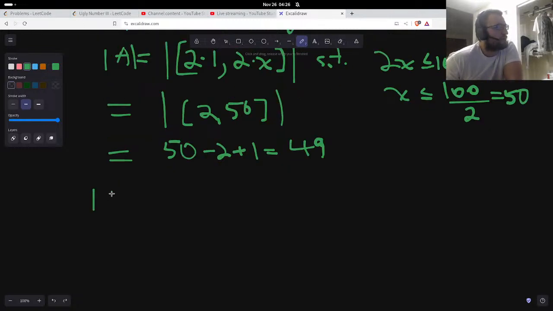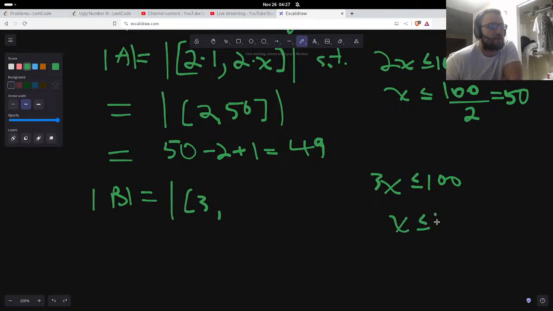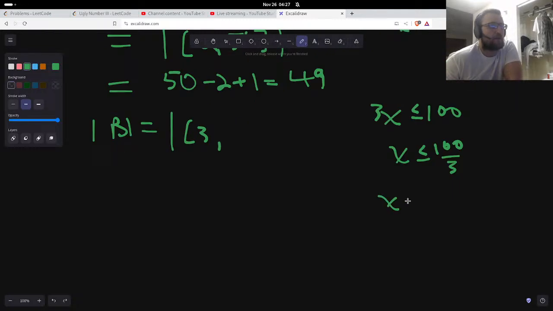Okay, size of B is a similar thing, 3 to 3x being less than or equal to 100, less than or equal to 100 over 3, which X is then less than or equal to 33, which is the floor of 100 divided by 3, right?